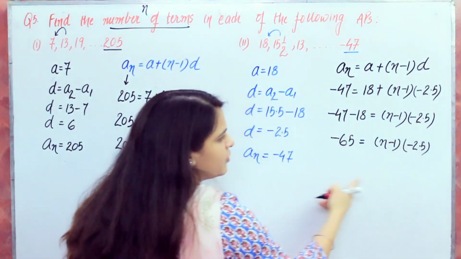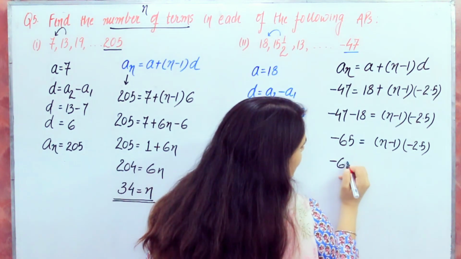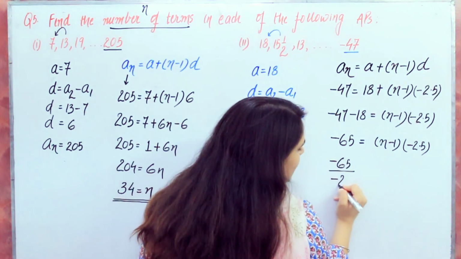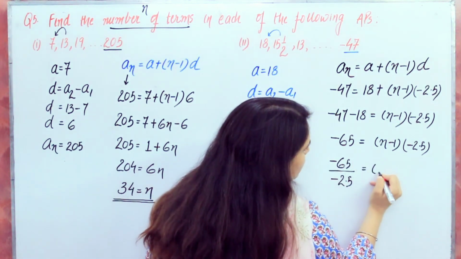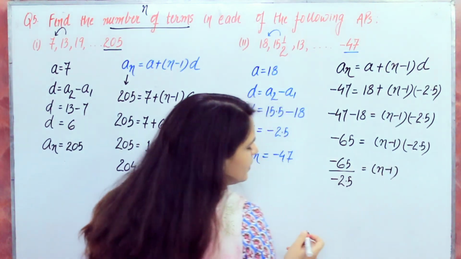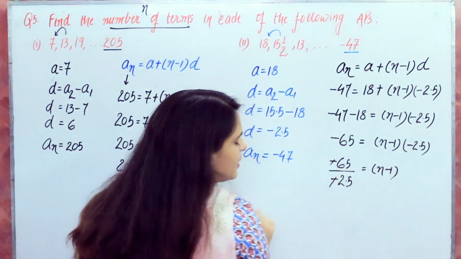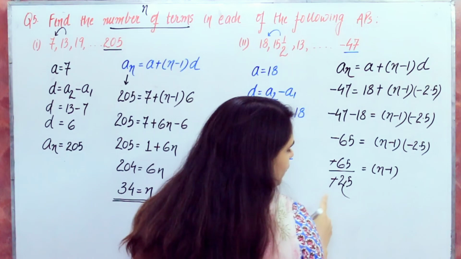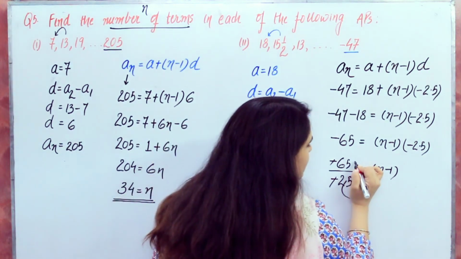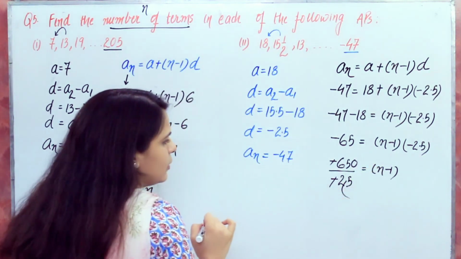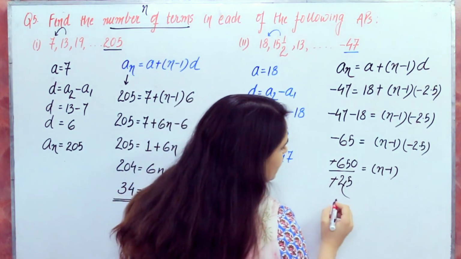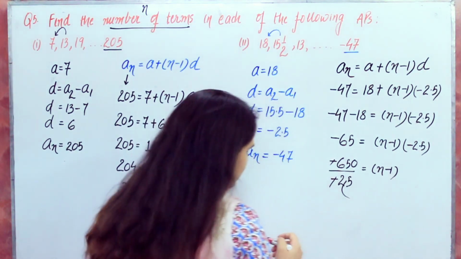So I'm going to shift this here. Minus 65 divided by minus 2.5 is equal to n minus 1. We can cancel out this minus sign, and when you cancel out this point here, 1 0 will be added. Now 650 divided by 25.